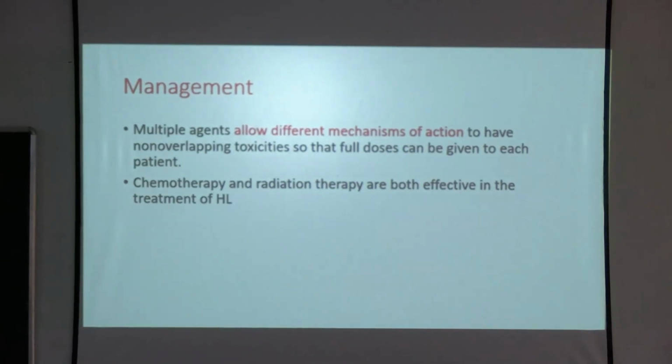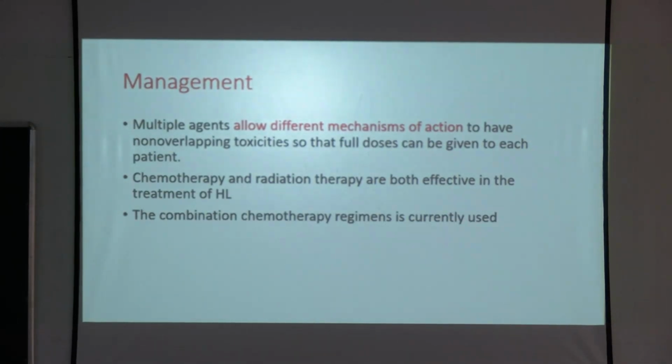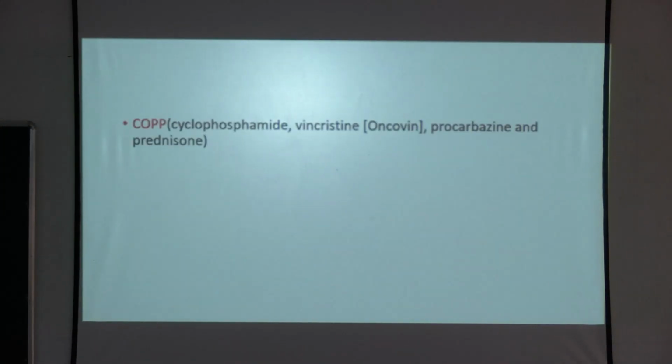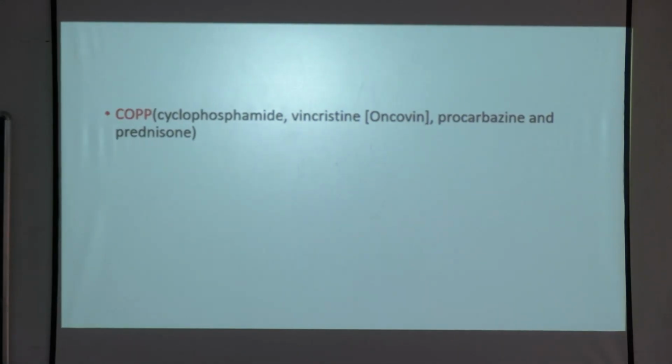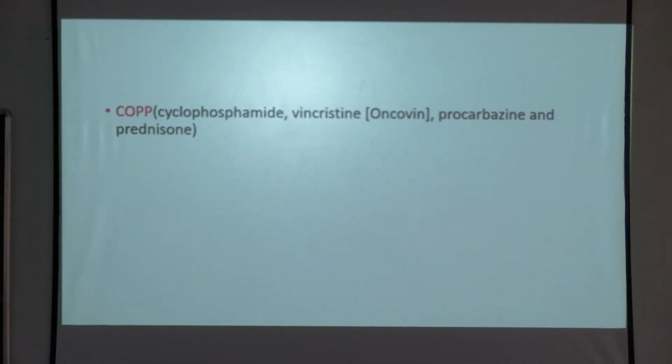So chemotherapy and radiation therapy both are used, and among the combination therapies, you have to remember a few names. One is called COP, COPP, which stands for cyclophosphamide, oncovin or vincristine, procarbazine and prednisolone.